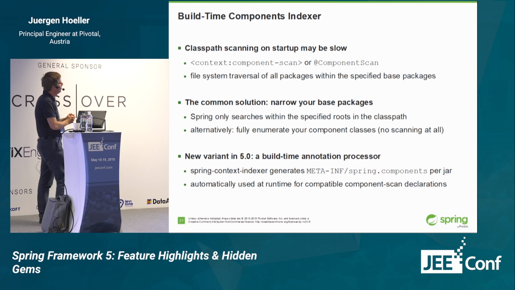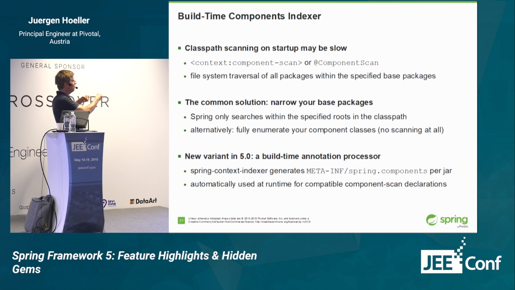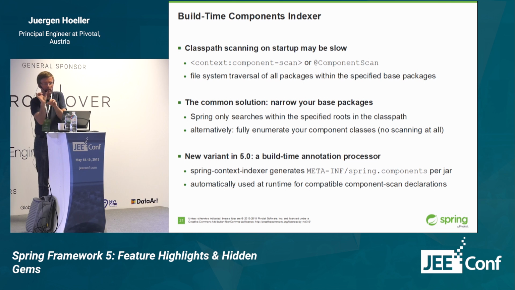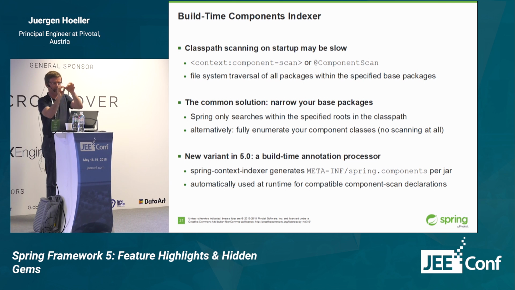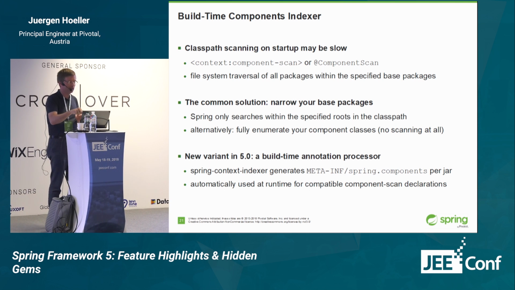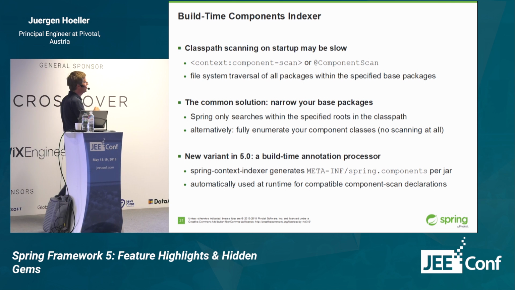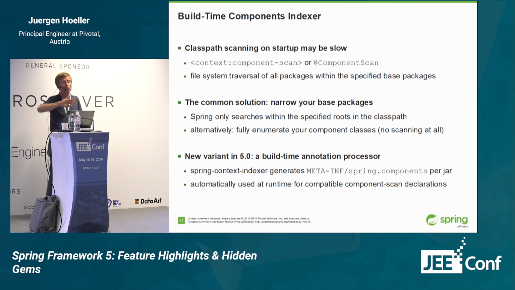And at runtime, when you instruct Spring to do a component scan, we are not doing a full scan. We look at the spring.components files, listing a few class names, and we're only going to look at those classes listed in the Spring Components file, because we know that only those are annotated. We can ignore all the unrelated classes.